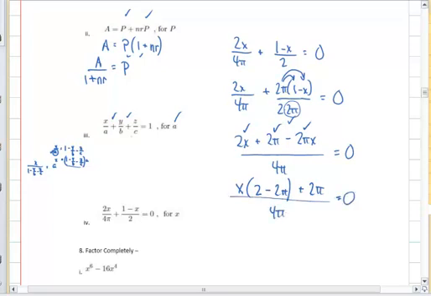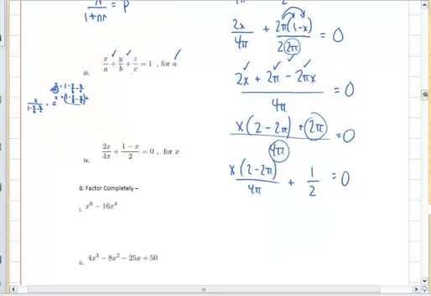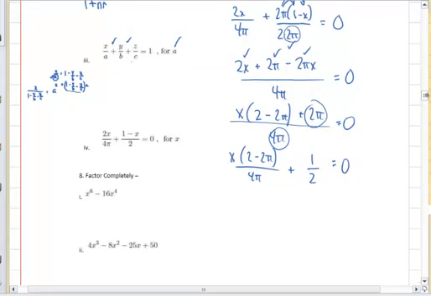So what I'm going to do now is separate these into two different fractions. I have x times 2 minus 2 pi. And this will be plus 1/2, because this divided by this is 1/2. And then I'm going to move the 1/2 over.